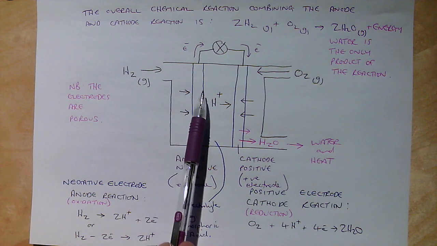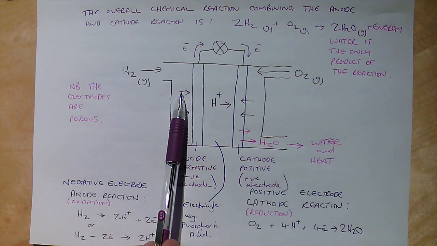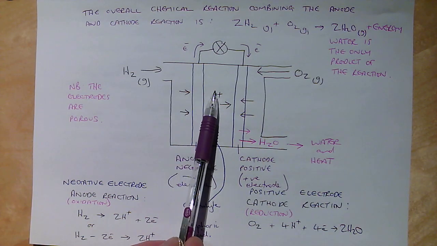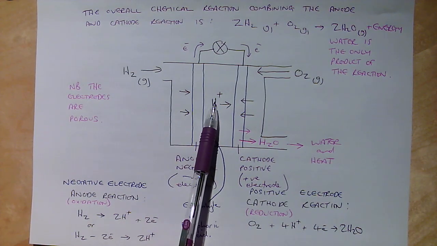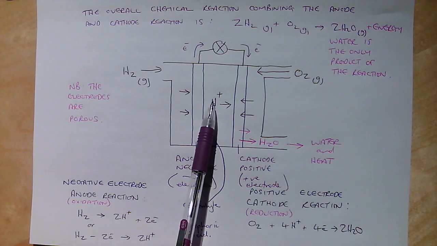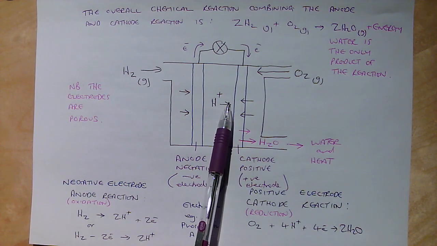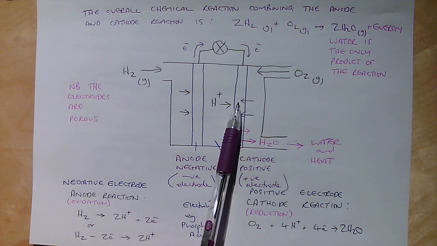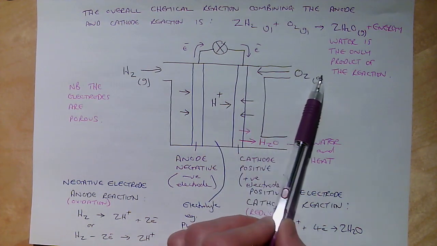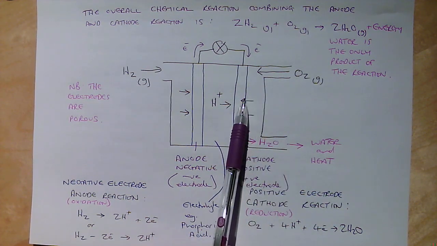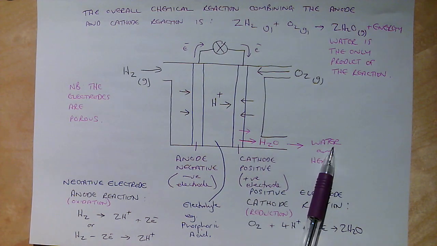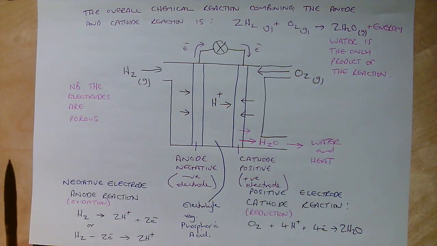Now that anode needs to be porous to allow the hydrogen ions to flow through, so that's a porous anode. The hydrogen ions then exist in the phosphoric acid electrolyte. The hydrogen ions then move to the positive cathode. They react with the incoming oxygen from here and they make water. So it's really quite simple.